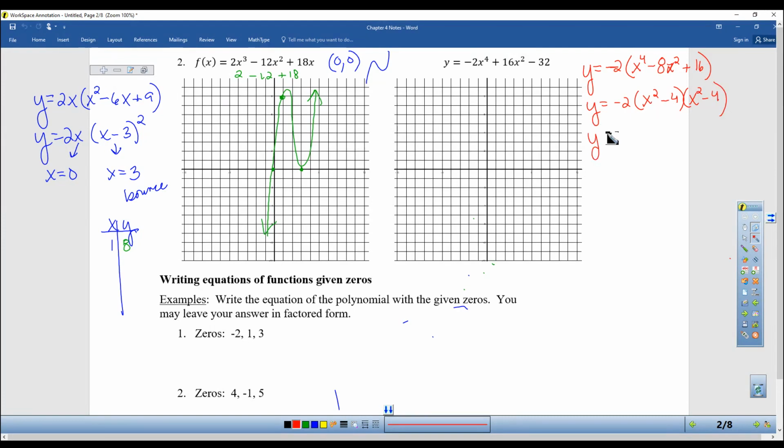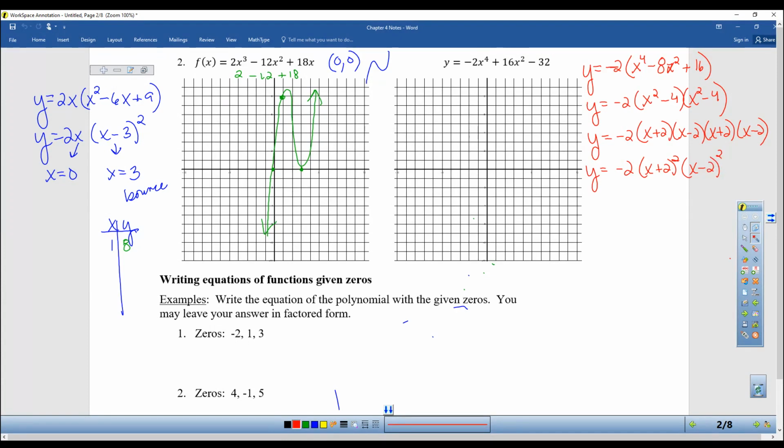Since there's a square, I look to see if I can factor again, and I can. (x plus 2)(x minus 2) and (x plus 2)(x minus 2). Which means I can rewrite this as (x plus 2) squared. There's 2 of them, and there's 2 (x minus 2)'s.